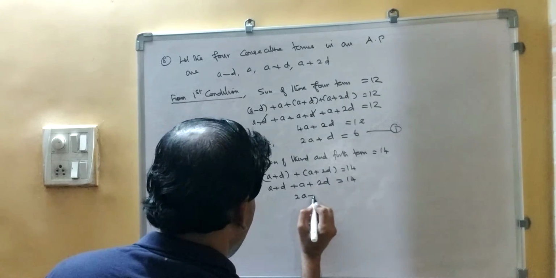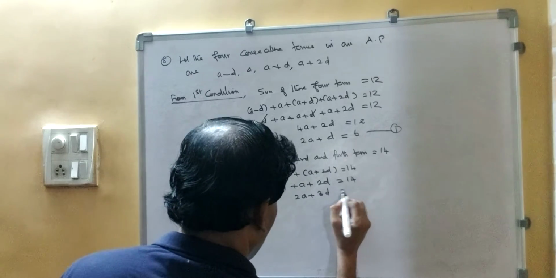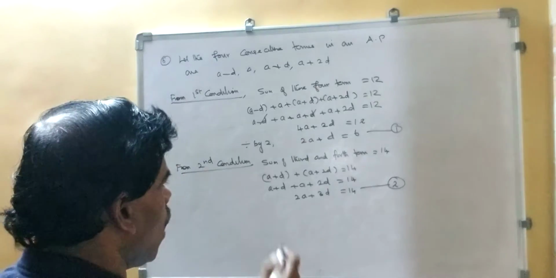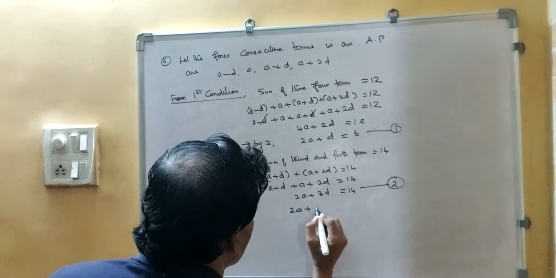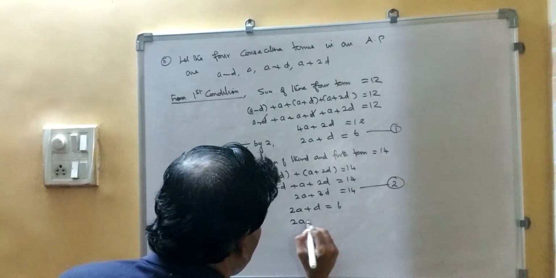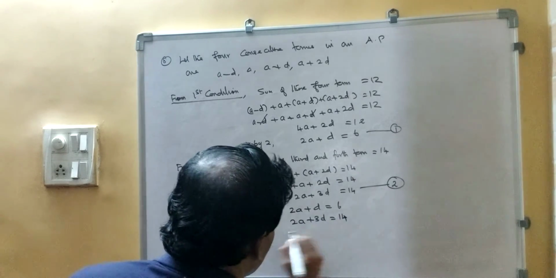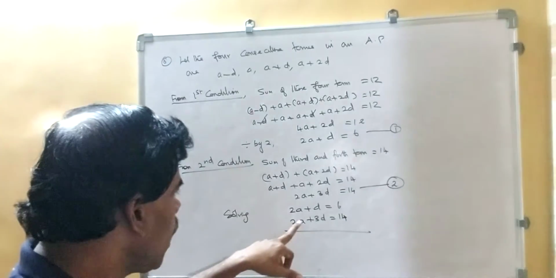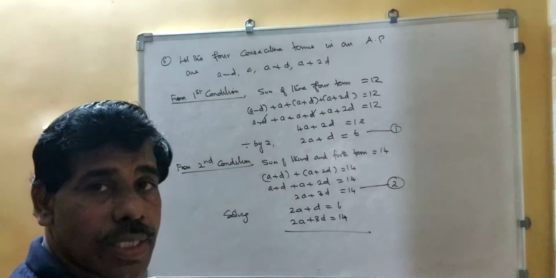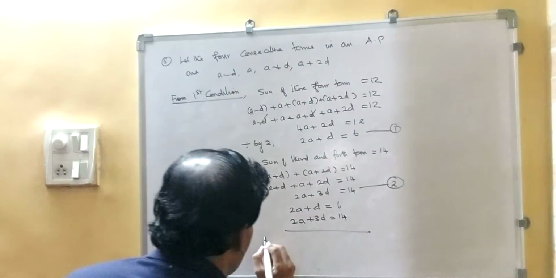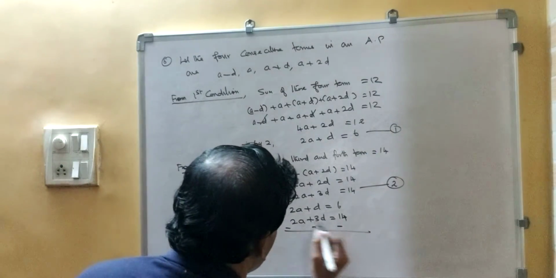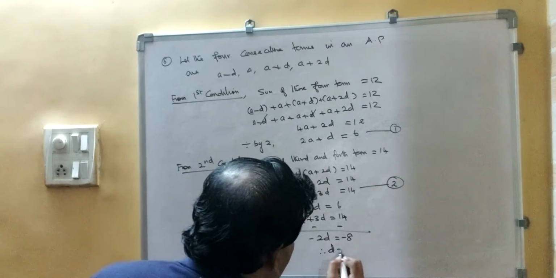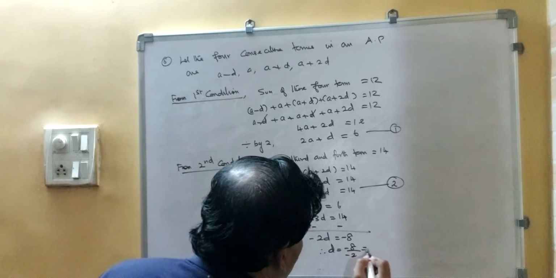So 2A plus 3D equal to 14. It is equation number 2. So now what you have to do, as usual, we have to simplify. 2A plus D equal to 6. 2A plus 3D equal to 14. Solving. Now look at this. This A has the same coefficient and the same sign. So we will subtract. Minus, minus, minus. So minus 2D equal to minus 8. Therefore D equal to minus 8 upon minus 2 equal to 4.